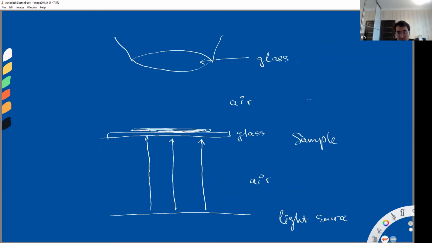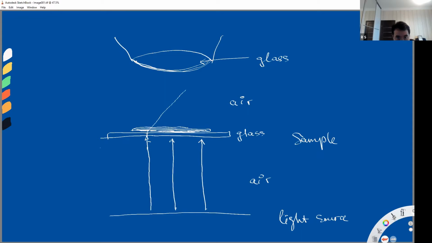Glass has higher refraction index than air, and it means the border between these two media will lead to the refraction. So we will have the bending of these rays, okay? So let's say it goes through it, and then when it leaves the media of glass, it's being refracted.